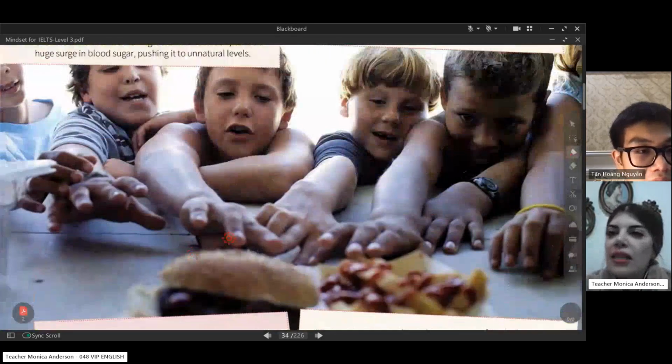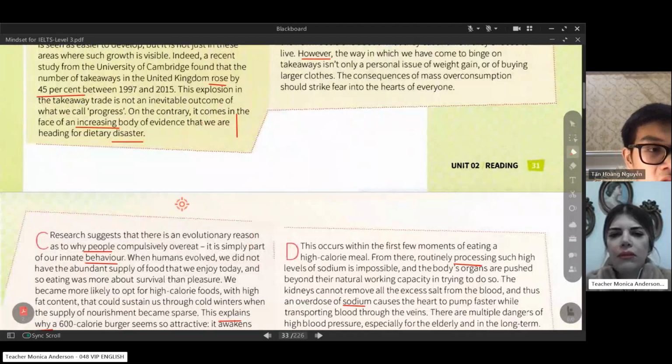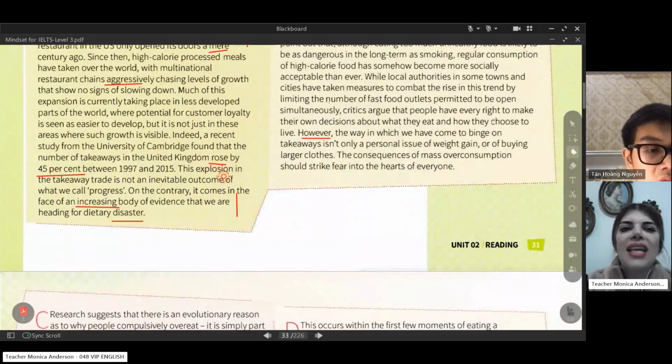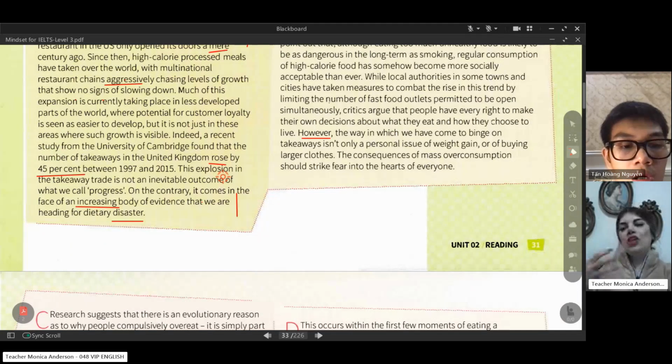Next one. Yes. Why does the word percent not have an s? Because we say something rose by a percent, not as a percent. When you want to use increase and you want to add a proportion like percent, you say by.